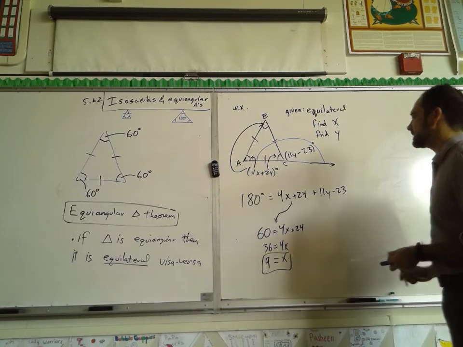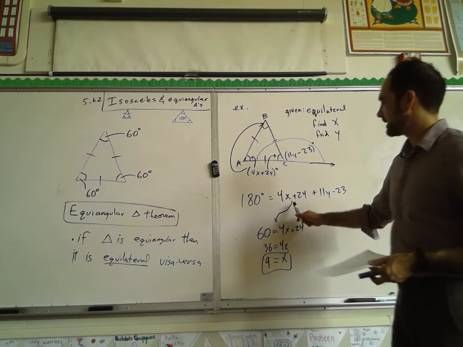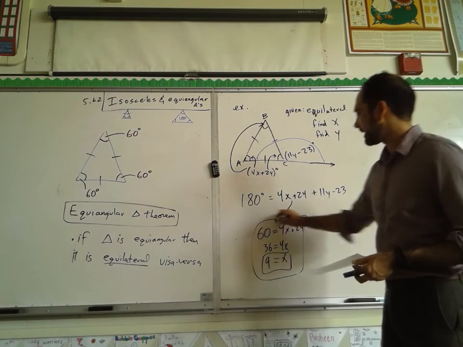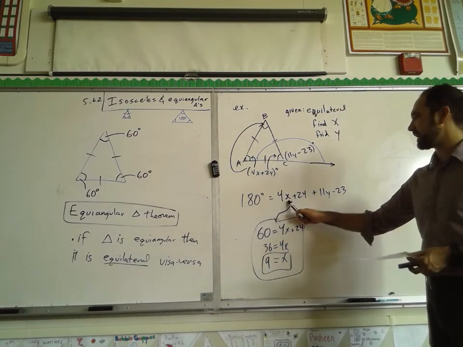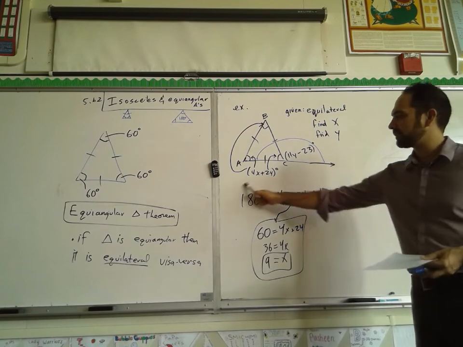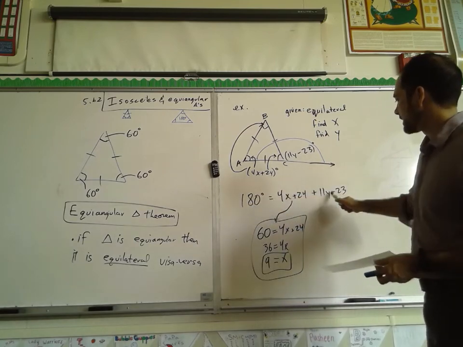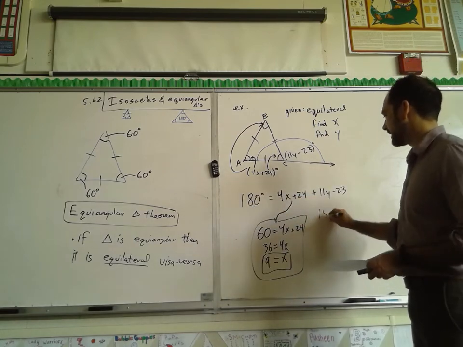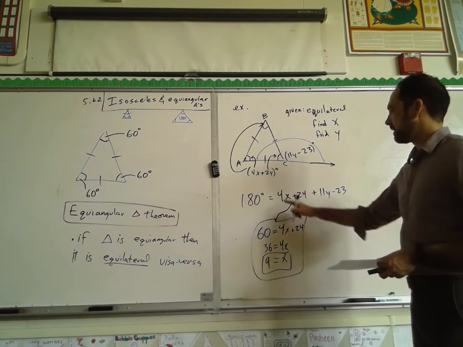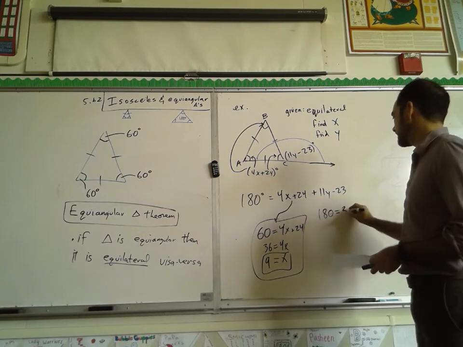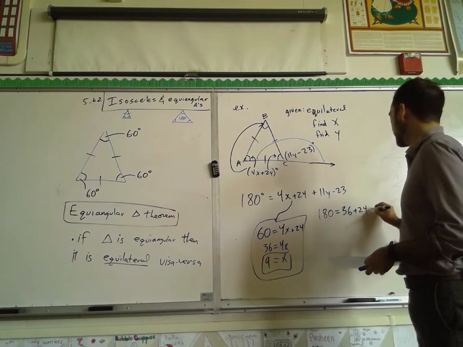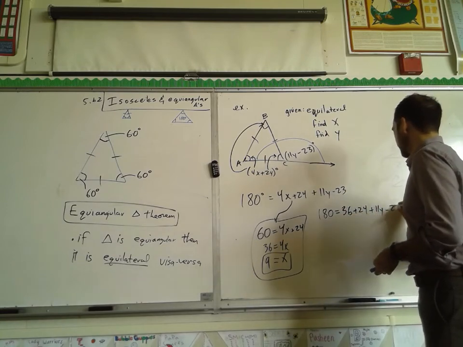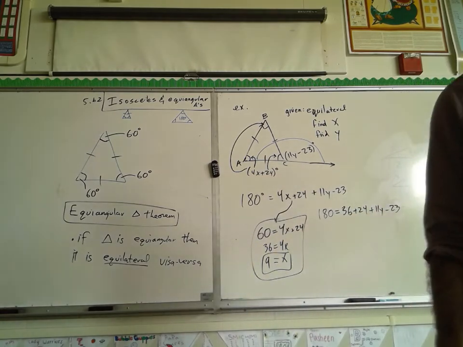Now the reason that I kept this here and just worked out what x was is now we can plug in our x, and all we'll have left over in this entire equation is our y value. So let's go ahead and do that. 180 is equal to 4 times x, 4 times 9, 36, plus 24, plus 11y minus 23. Don't be intimidated if we have a lot of terms.